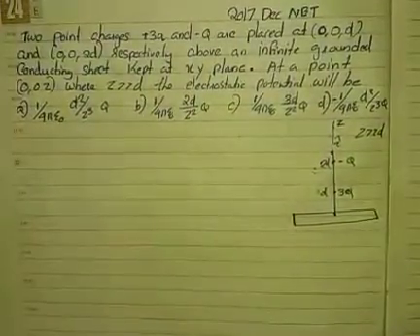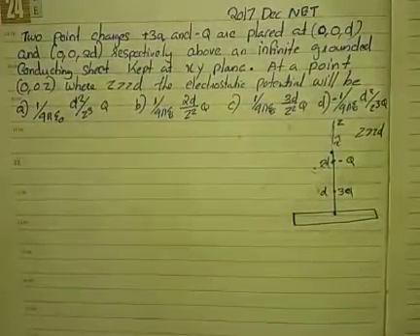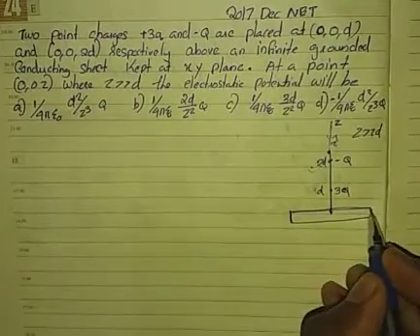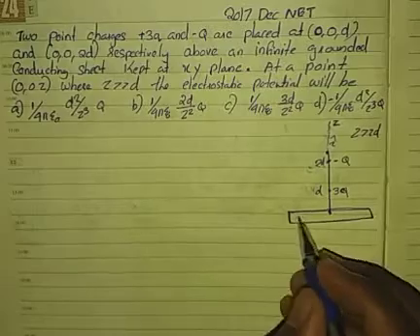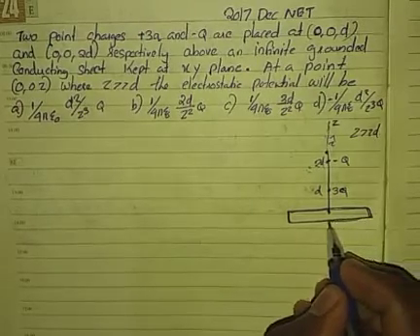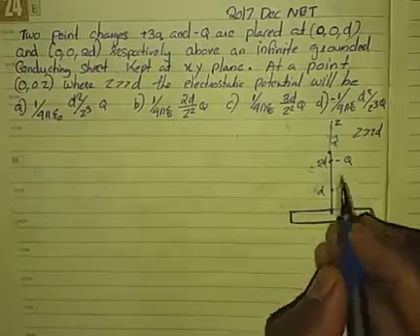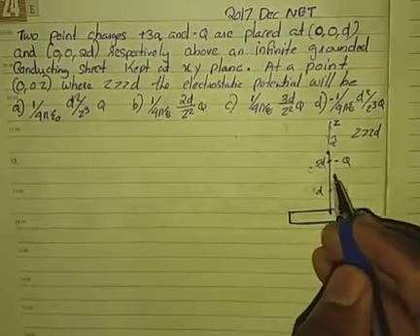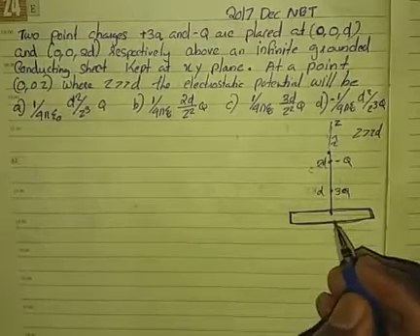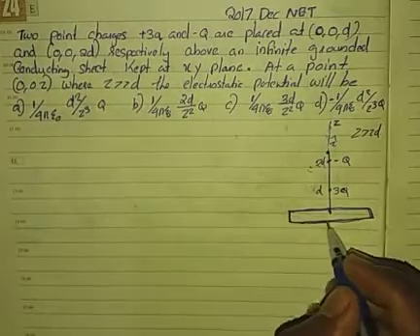So what we can do now is assume that as a result of the existence of two charges above an infinitely long grounded conducting sheet, there will be some polarization, and as a result there will be some charge accumulation in this conducting plate.